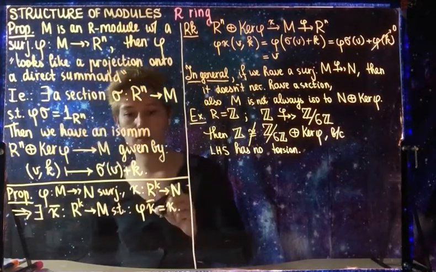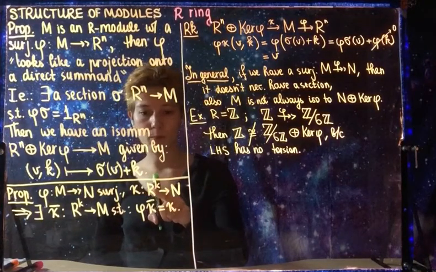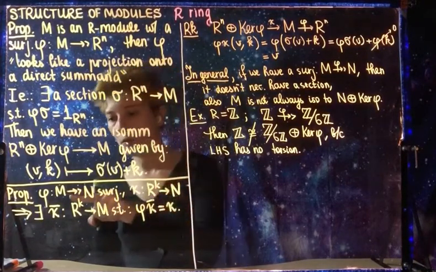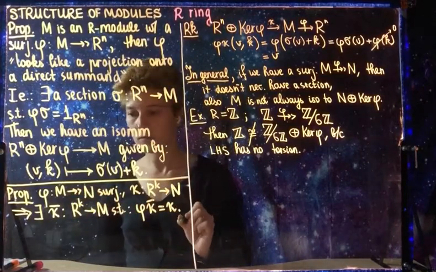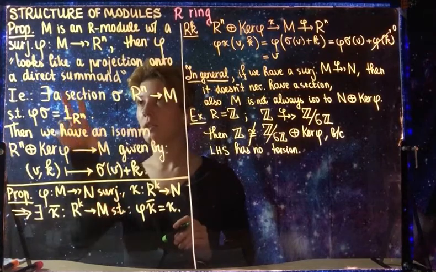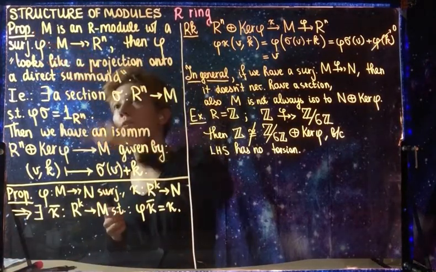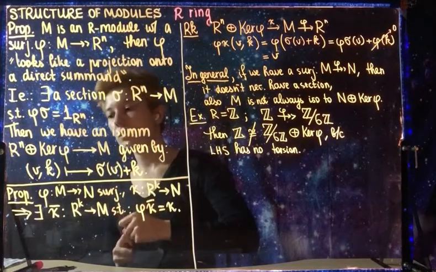So we can factor any morphism from a free module to N through a surjection. And you can see that this is a generalization of the first proposition.